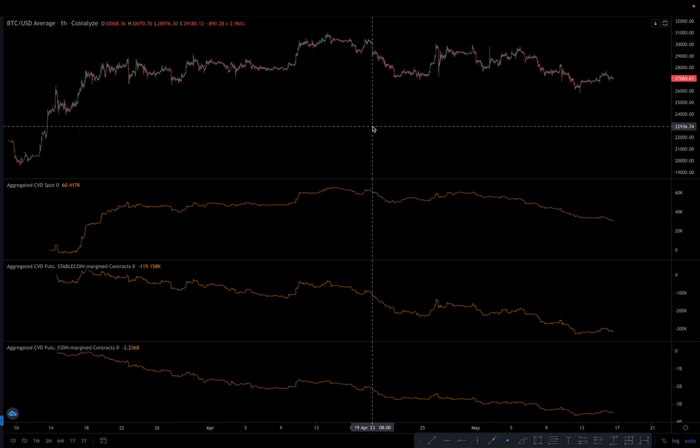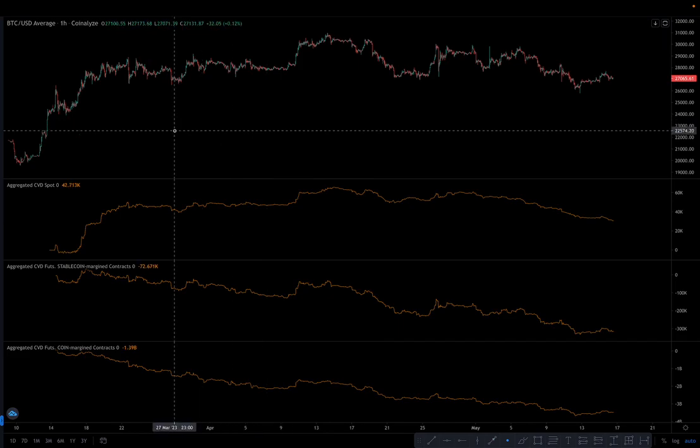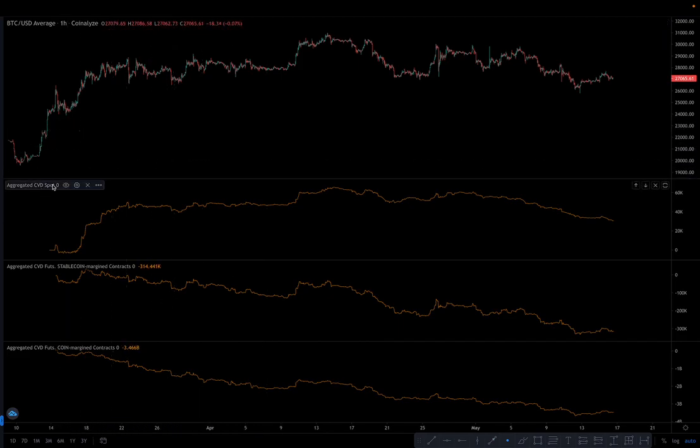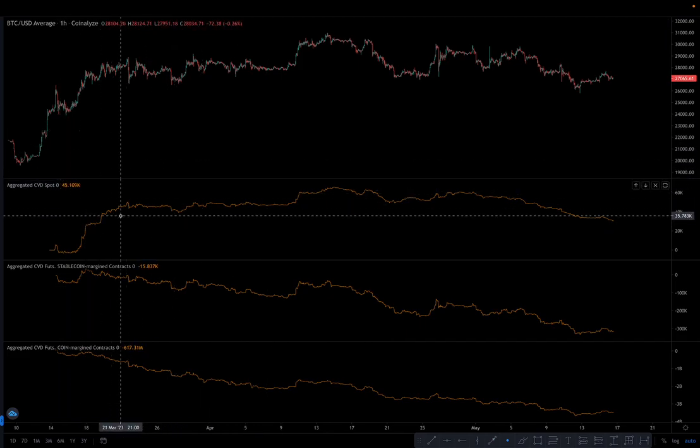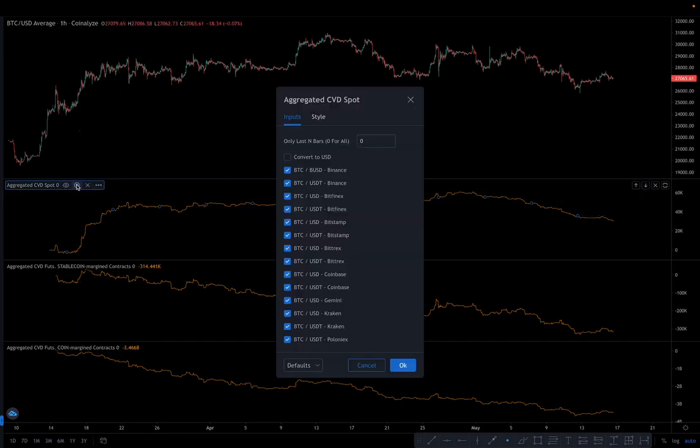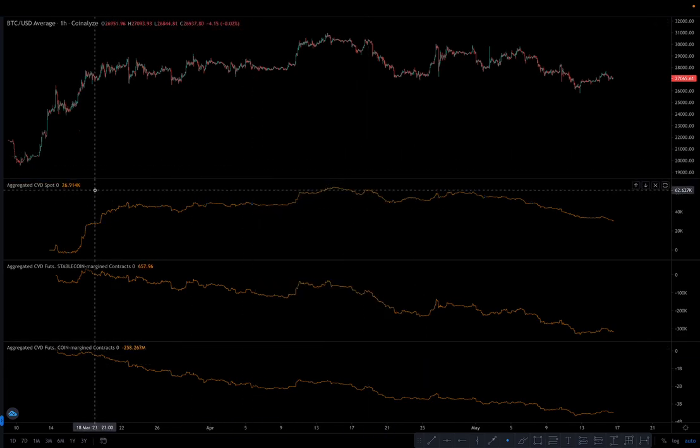So let's say for Bitcoin, you can see what's happening on all the exchanges all together added up into one indicator.